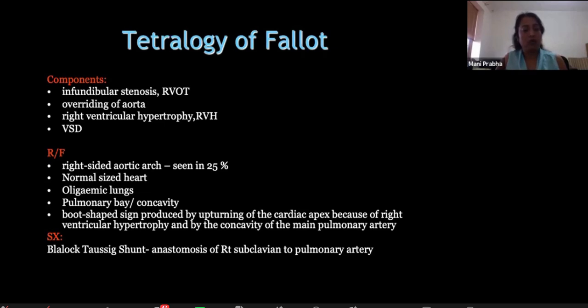There are oligemic lung fields, a pulmonary bay or concavity is seen, and the boot-shaped sign is produced by upturning of the cardiac apex because of right ventricular hypertrophy and by concavity of the main pulmonary artery. And surgery is done in such cases, which is Blalock-Taussig shunt. It involves anastomosis of the right subclavian artery to the pulmonary artery.